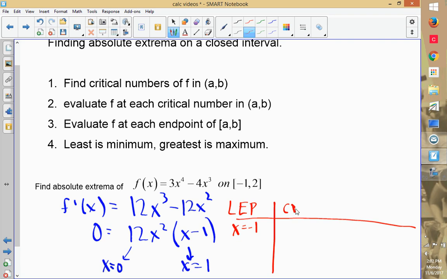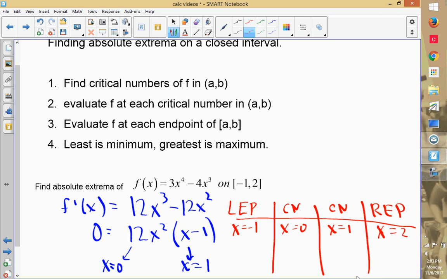Then next comes a critical number of x equals 0. Then we have another critical number of x equals 1. And last we have the right endpoint of x equals 2.